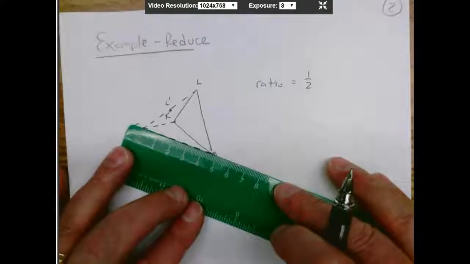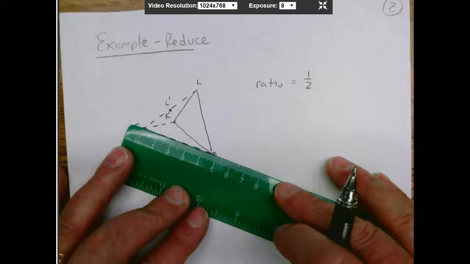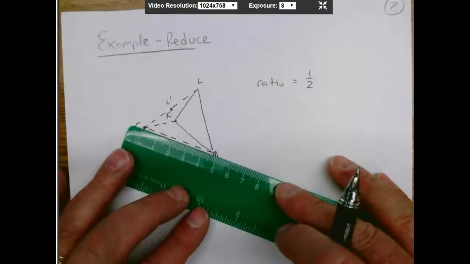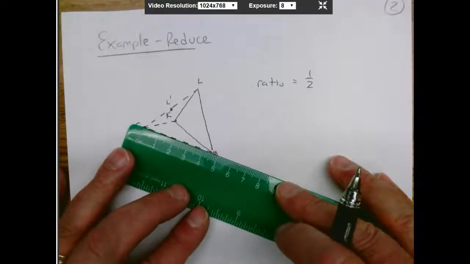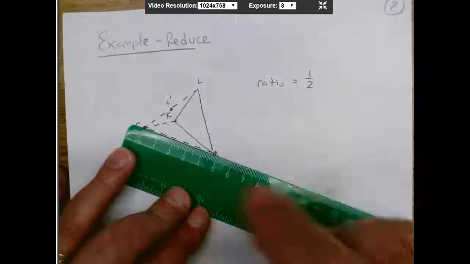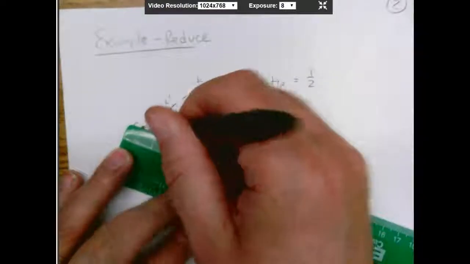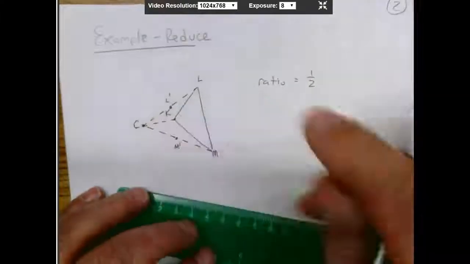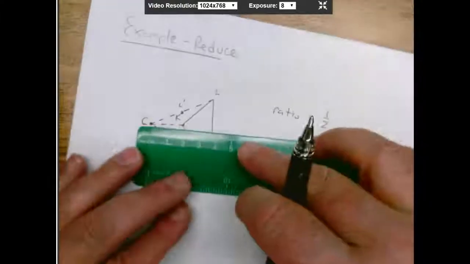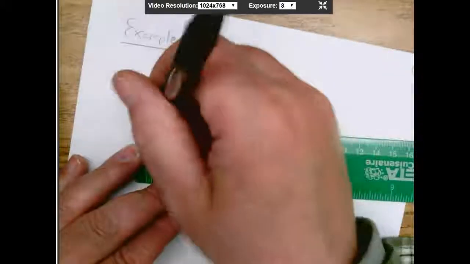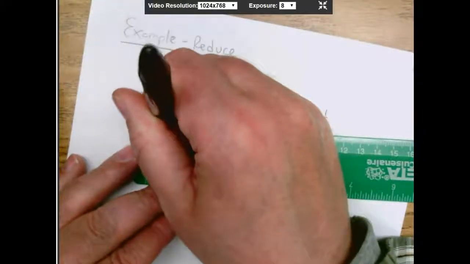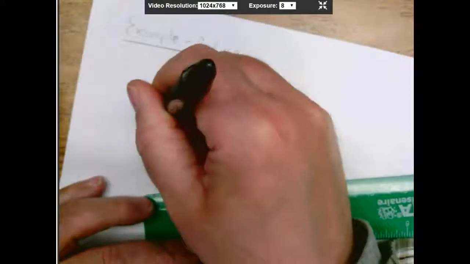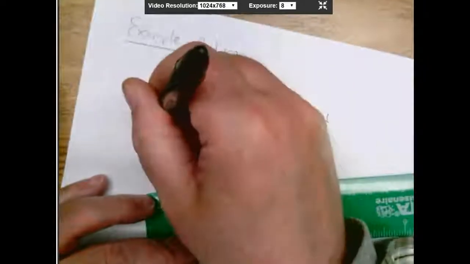This looks like it's about 4.6. So 2.8. No, 4.6 would be 2.3. So about there. That would give me M. And then this one is 2, so it's going to give me 1 right about there. That's going to be my K.